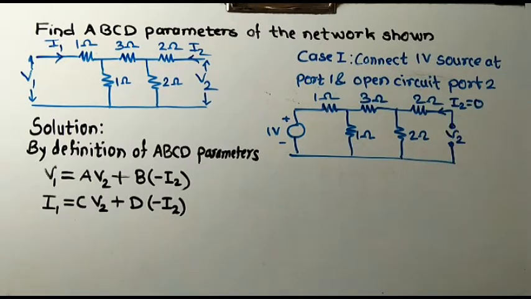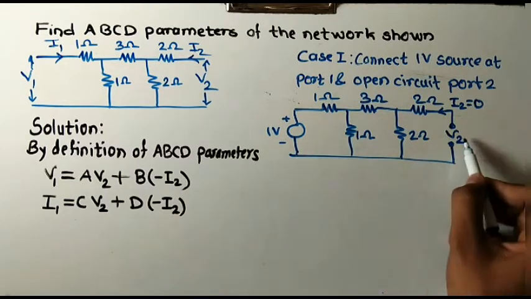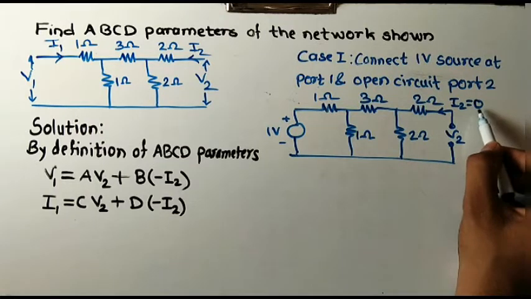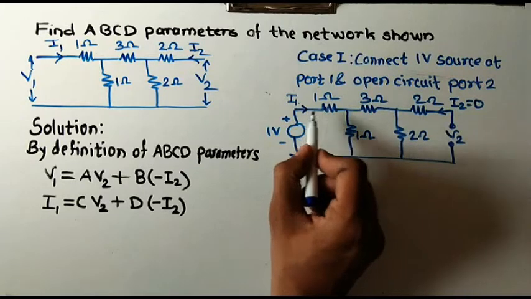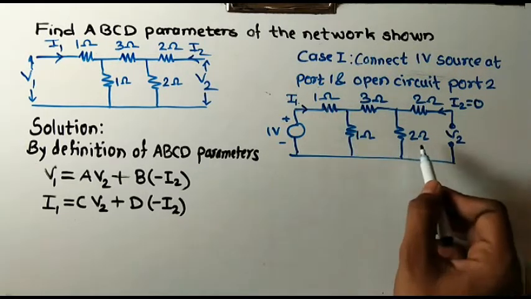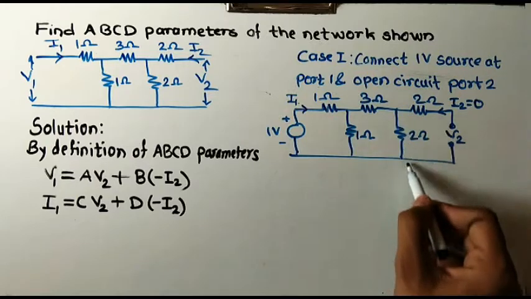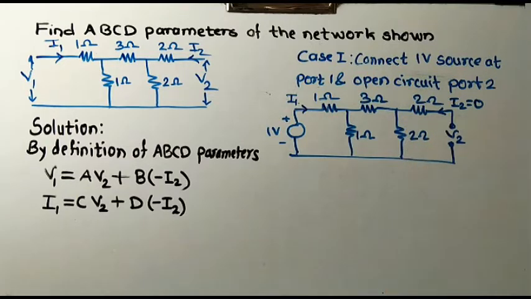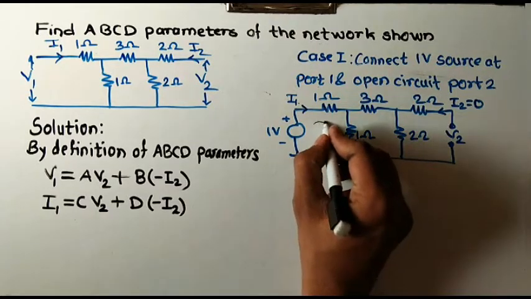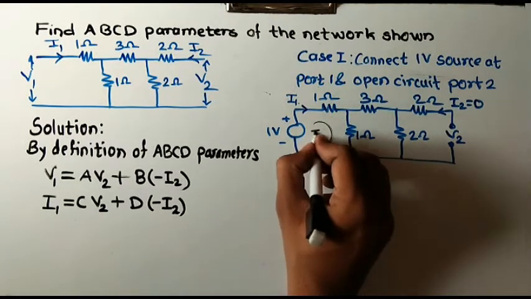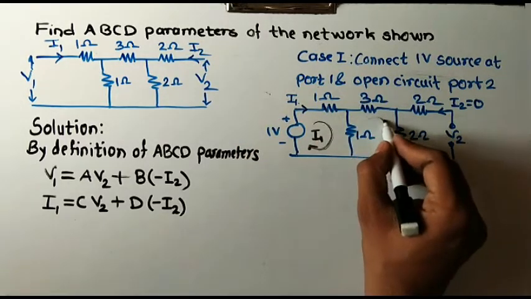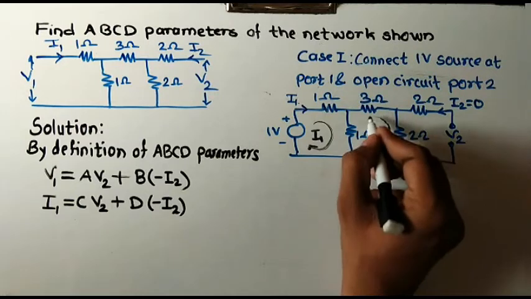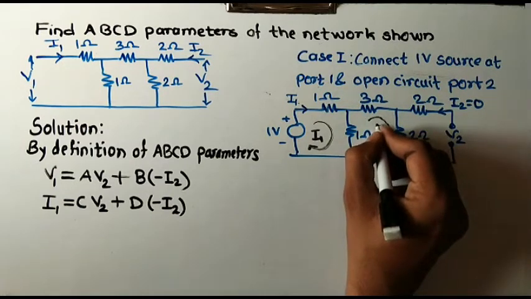Now you can see here that if we open circuit port 2, the current I2 is equals to 0, the current I1 will flow through this network, and here is voltage V2 which can be measured across 2 ohm resistance, and we know that the current I2 is equals to 0, so only current I1 is considered here, and let the current flowing through this be I3.